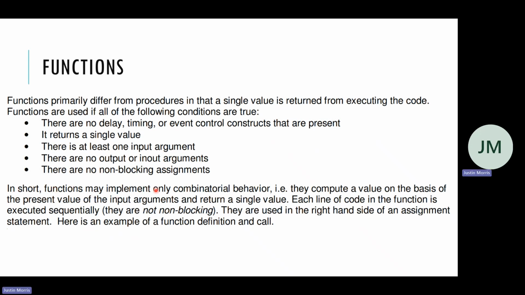So functions may implement only combinational behavior. They're going to compute a value on the basis of the present value of the inputs and return a single value. And each line of code in the function is going to be sequential in that they are not non-blocking.